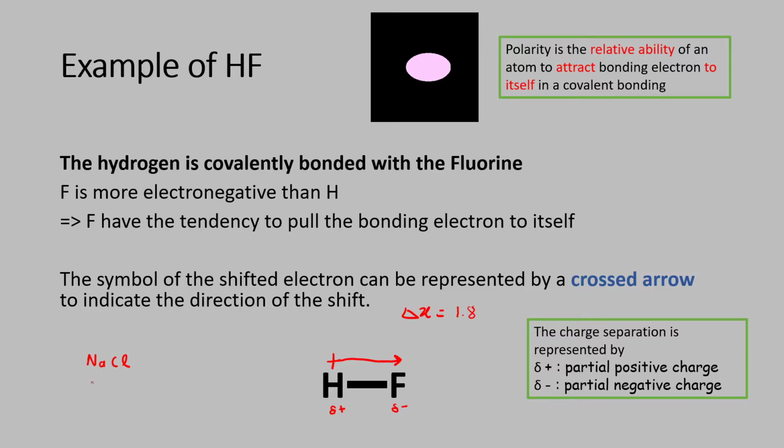NaCl, Na have the full positive charge while negative is on chlorine. Because it is ionic. Okay, ionic bonding only when electronegativity difference is around 2.0 baru dia jadi ionic.